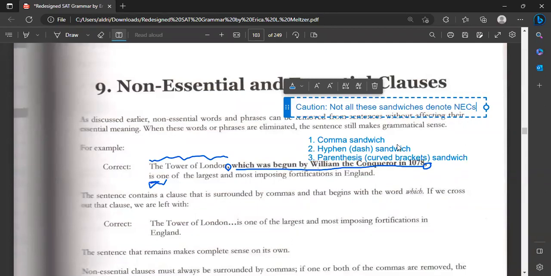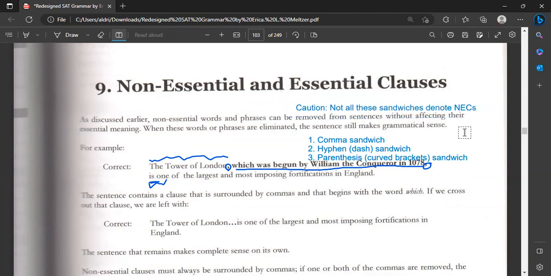All right. So NECs being non-essential clauses. So not all these sandwiches denote non-essential clauses, right? But for the most part, these sandwiches will denote non-essential clauses. So let's look at a couple more examples.